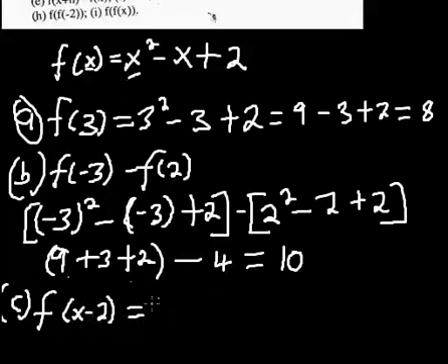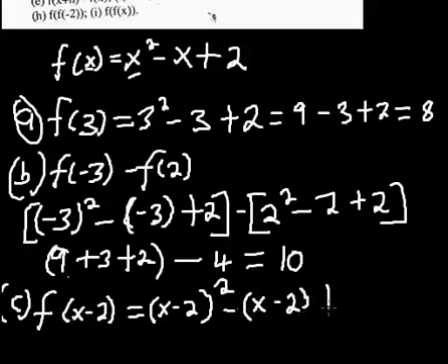So that's going to be x minus 2 all squared, right? Then of course minus, don't forget the brackets, minus x minus 2, then plus 2.